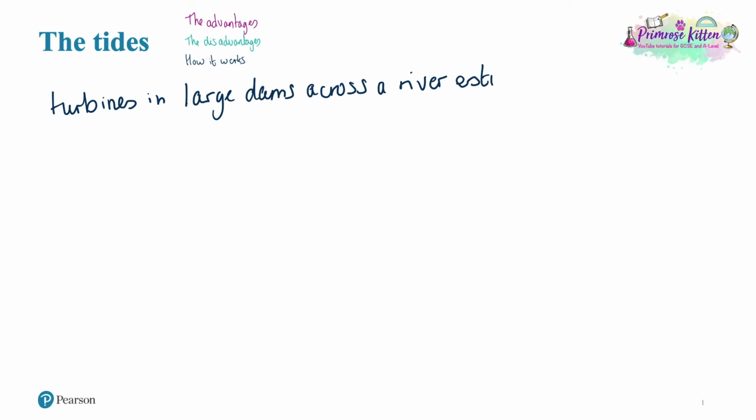Another way that water can be used to generate electricity is with the tides. Turbines can be placed in large dams, which are positioned across a river estuary.